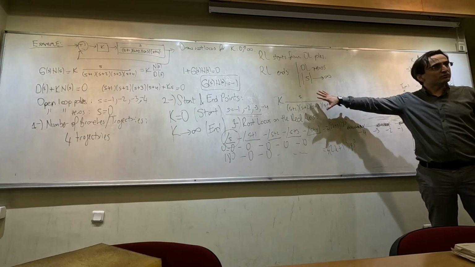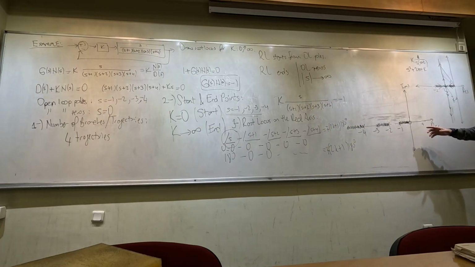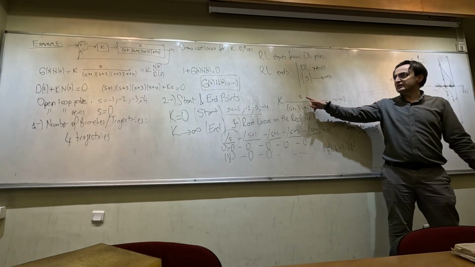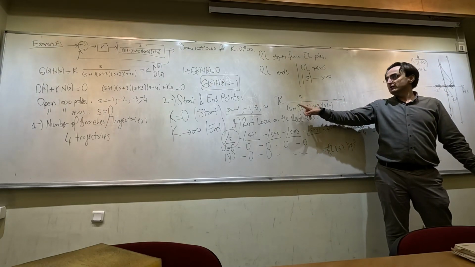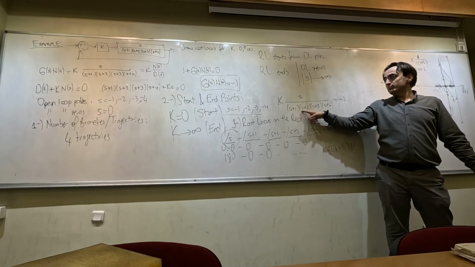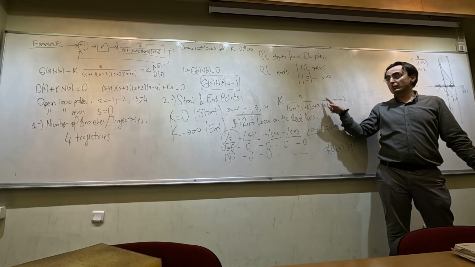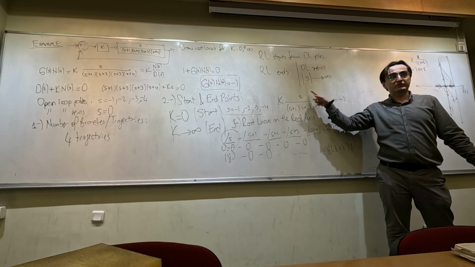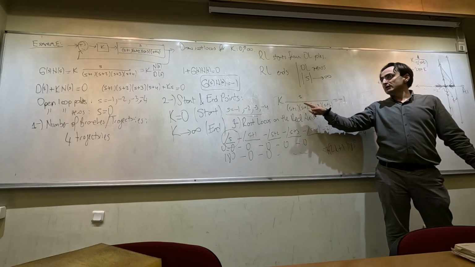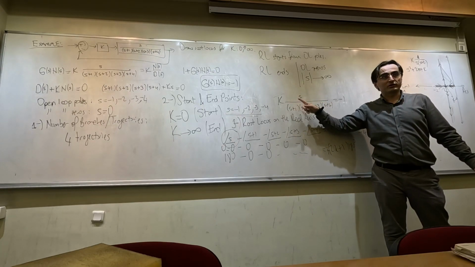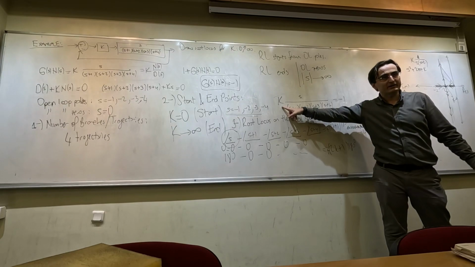We are always trying to satisfy this equality. So now let me say that S is a positive real number. If S is a positive real number, this is positive, positive, positive, positive, positive. All of them are positive when S is positive real. Can you satisfy this equation by using a positive K?